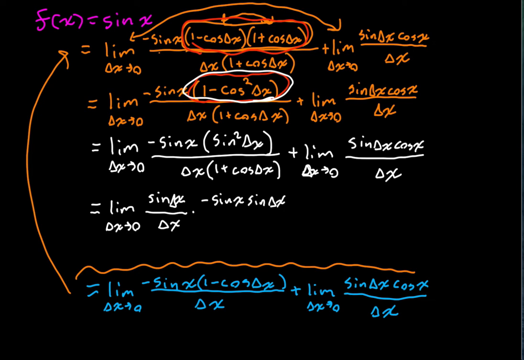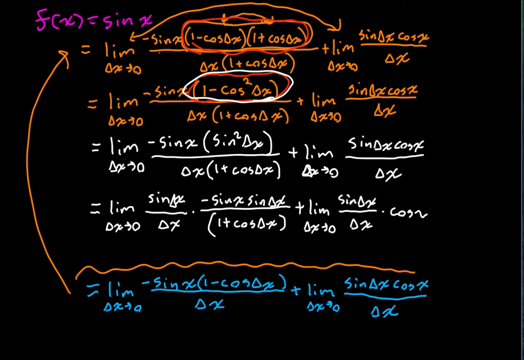This might be looking a little bit strange, divided by 1 plus cosine of delta x. So all we've done, these are still together, we've just separated this term out from the rest of it, and that's going to be important in a moment. Now we're adding the limit as delta x goes to 0 of sine of delta x over delta x times the cosine of x.